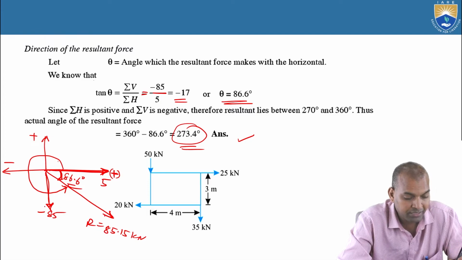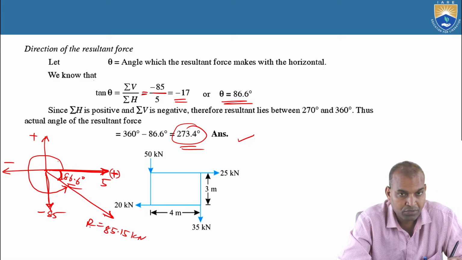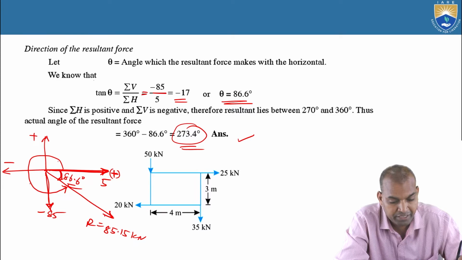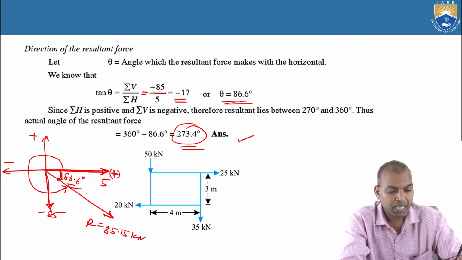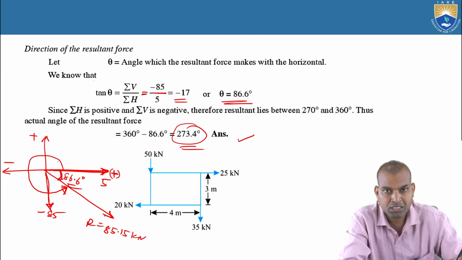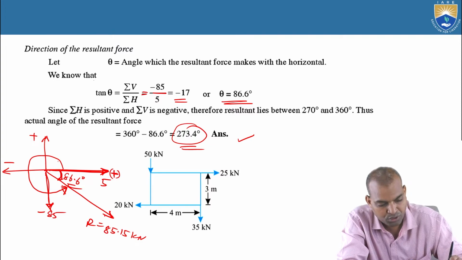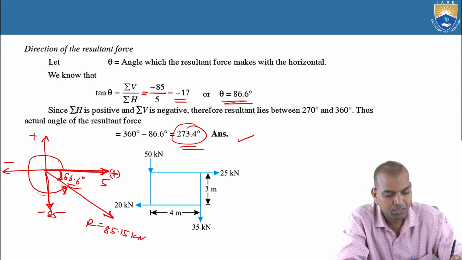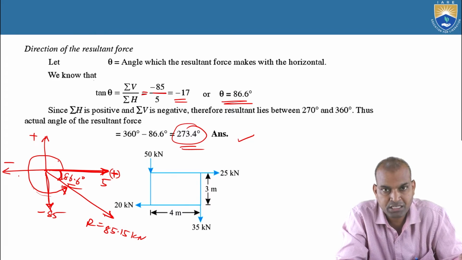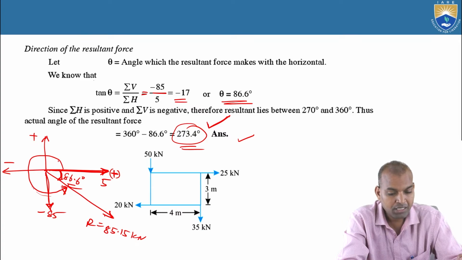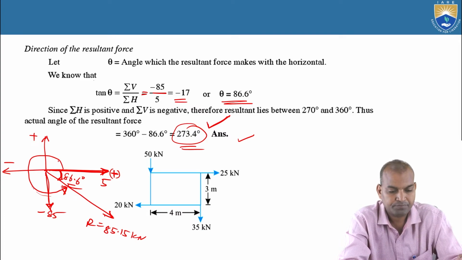The magnitude of the resultant force is 85.15 kilonewtons, and the direction of the resultant force is either 86.6 from 360 degrees downwards, or 273.4. So the actual angle of the resultant force is between 270 and 360. You have to go from 0 degrees to 360 minus 86.6, that is 273.4 degrees. That is the value of the resultant force.